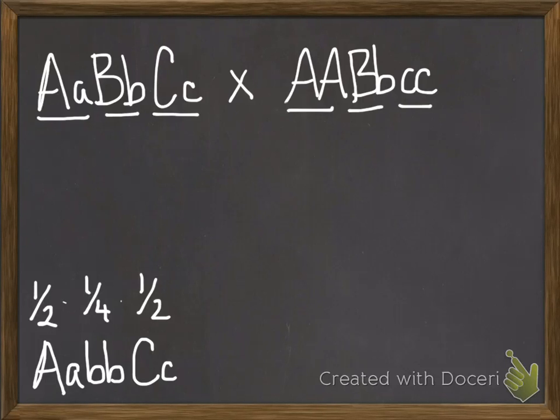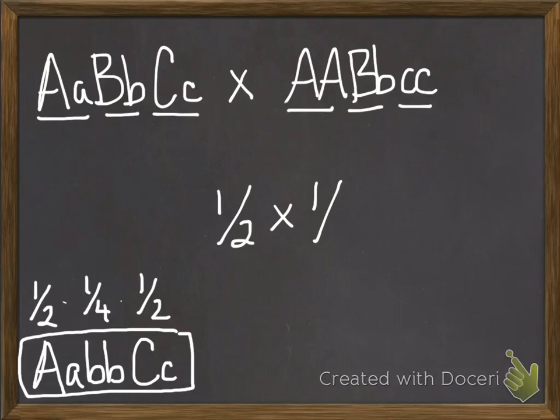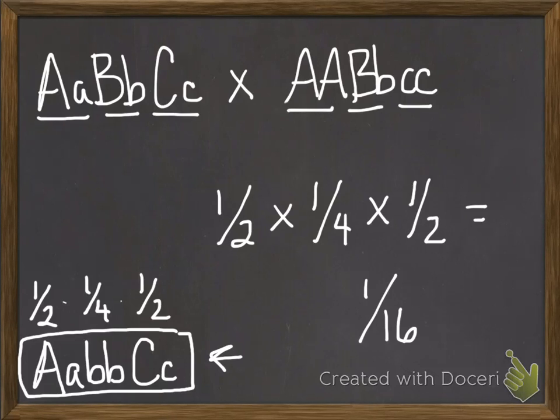So to get the probability of getting an offspring with this genotype, you take the probability for each one and multiply it together. So the probability of getting this genotype from these parents is 1 over 16.